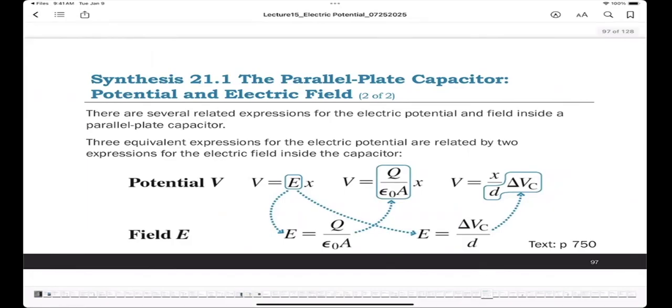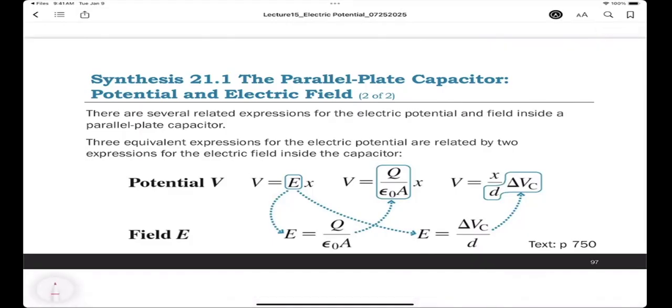And there are several related expressions for the electric potential and field inside a parallel plate capacitor. Three equivalent expressions for the electrical potential are related by two expressions for the electrical field inside the capacitor. For the potential, you can use this equation and this equation.